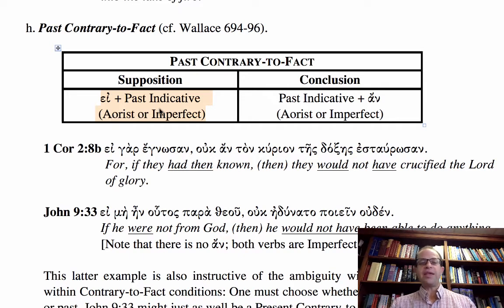It's formed with ei and then a past indicative form, and then the conclusion is a past indicative plus the particle an. Now there's some overlap in construction with the present contrary to fact and the past contrary to fact because both can be formed with imperfects. And so context is the only way that you can determine whether there's a present time frame or a past time frame.